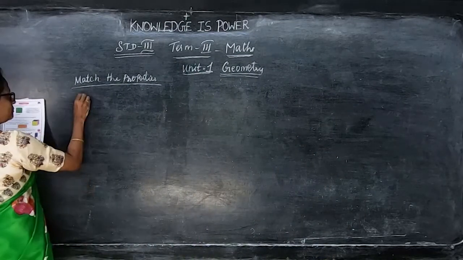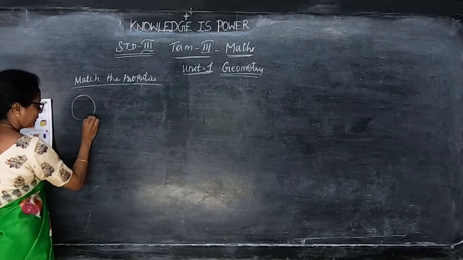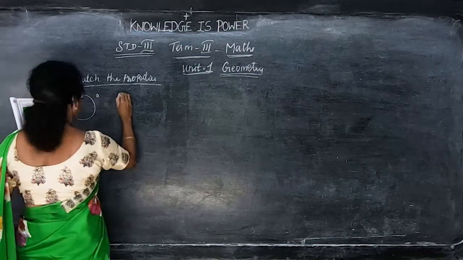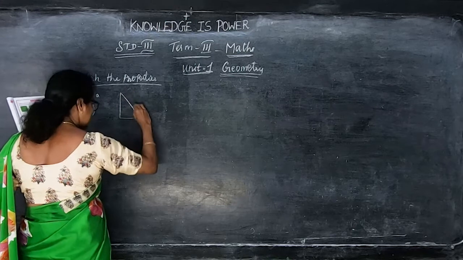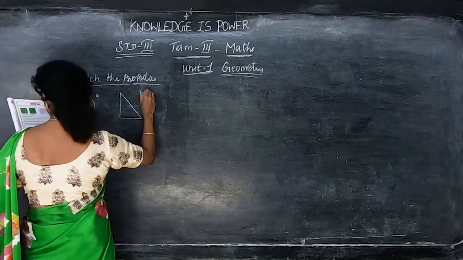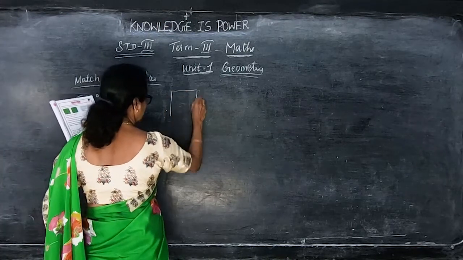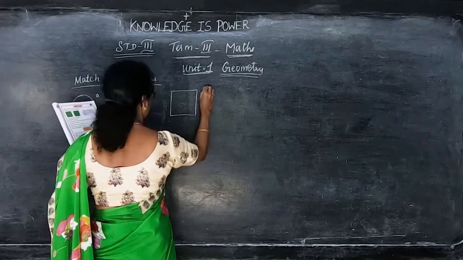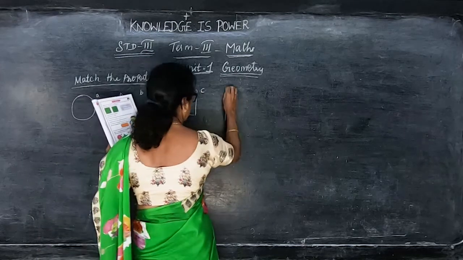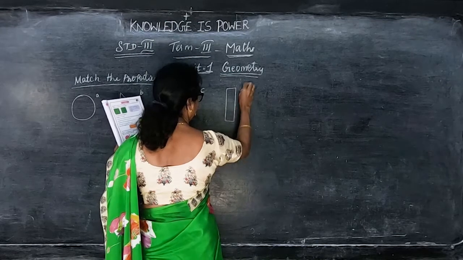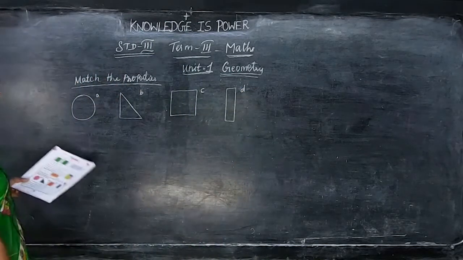Here they are given: the first one is a circle, this is A. The second one is the right angle triangle, this is B. This is the square, this is C. And this is the rectangle. So here they are given the shapes A, B, C, D.